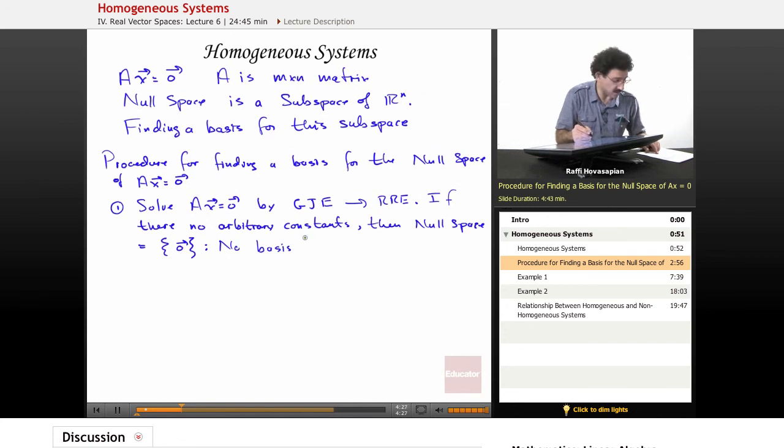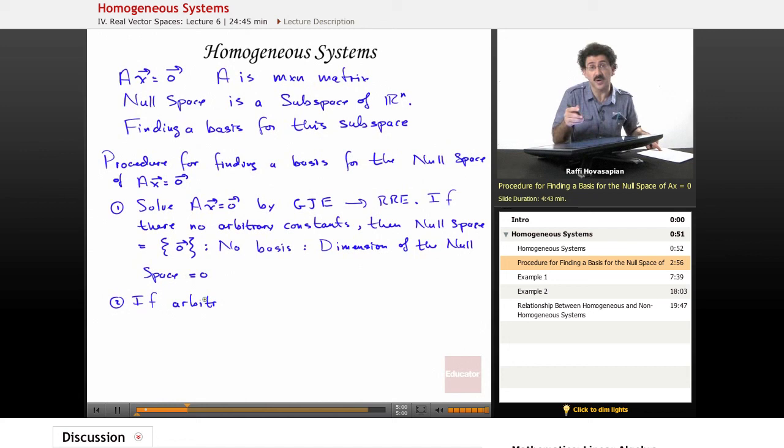Well, there is a null space, it's the 0 vector, but there is no basis for it. In other words, there is no collection of vectors. And the dimension of the null space, which we called the nullity, if you remember, equals 0.